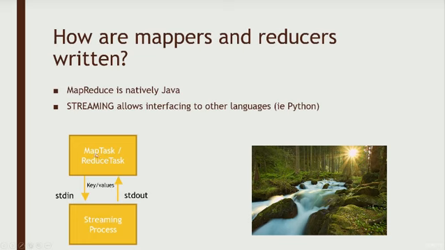So basically, let's say a mapper wants to run, it will send the input data on standard in and receive back the output key value pairs on standard out. So just like with any other Unix tool, your streaming process can process that data and produce the output that MapReduce needs.